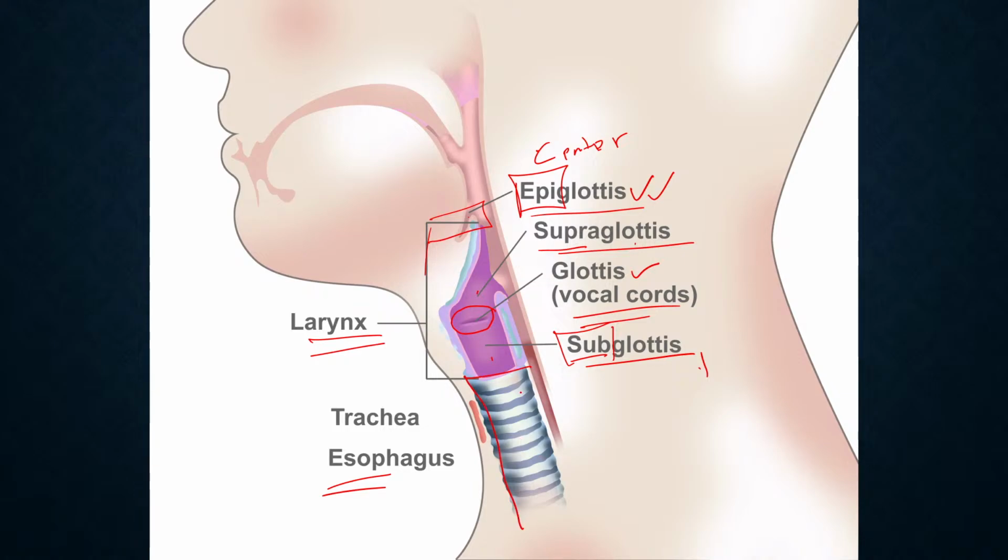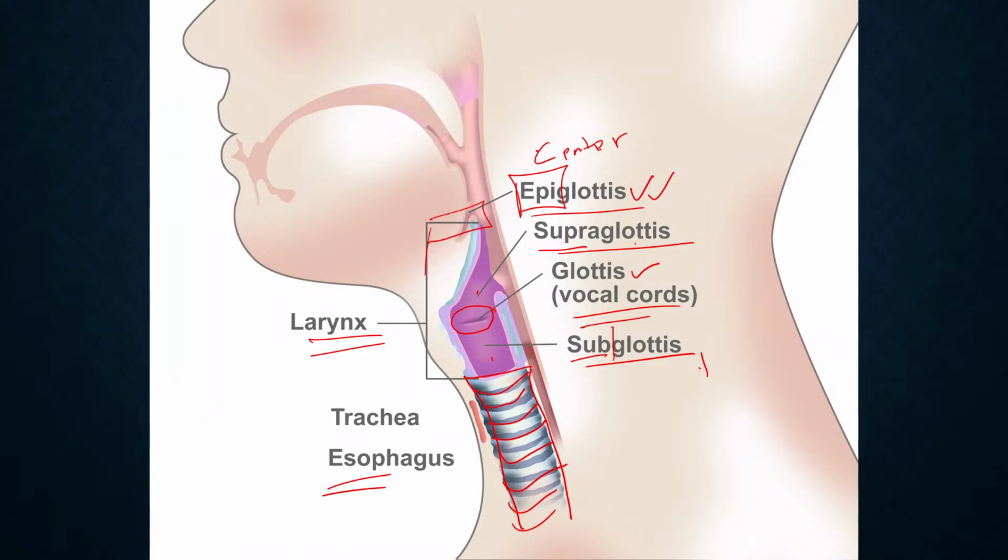This one is the windpipe. This one here with the C-shaped rings is the windpipe. And behind it, we have the esophagus. The one that I'm coloring and drawing is the esophagus. So let me rub, this is the trachea and the windpipe.